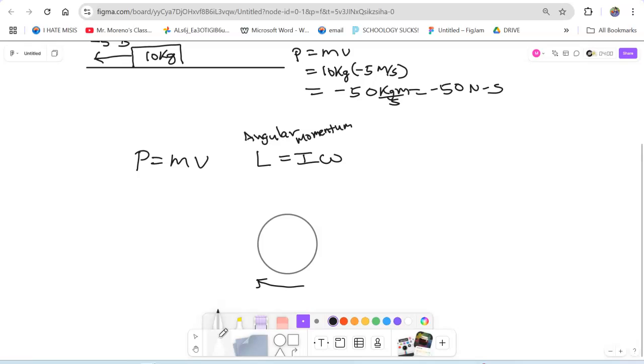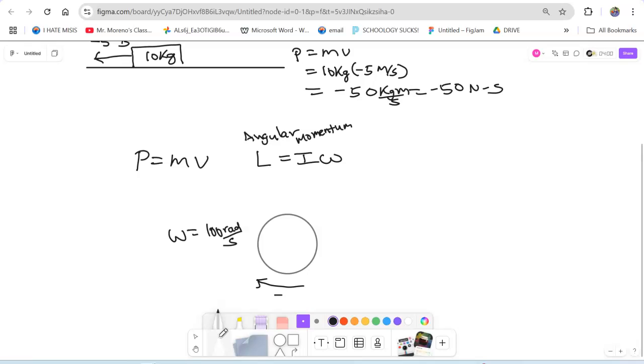This is negative when it spins this direction. Let's just say for funsies, it has an angular velocity equal to 100 radians per second. And at this point, you should be able to convert from RPMs to radians per second. We'll get into that in a second.